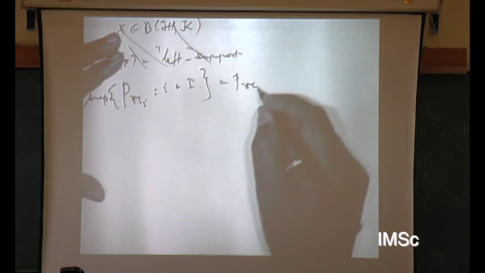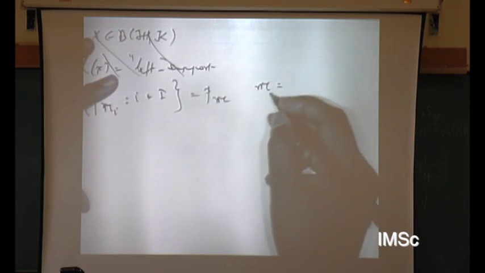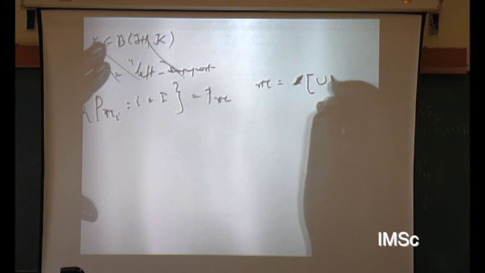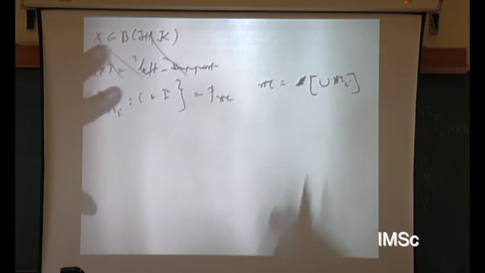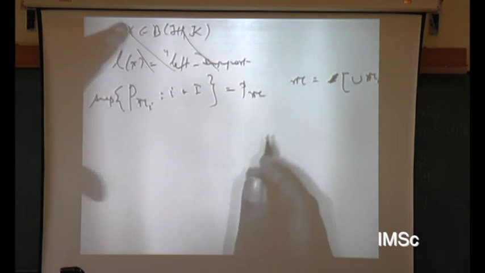So M equal to the closure of the union of M i, you take the closed span of that. That will be P sub M. So that is the sup.